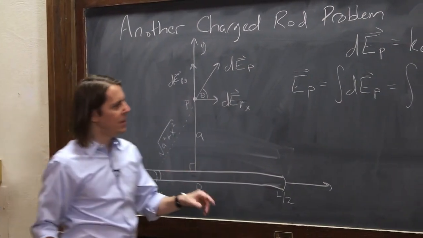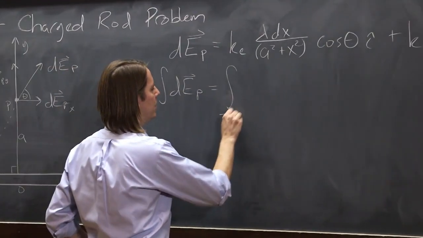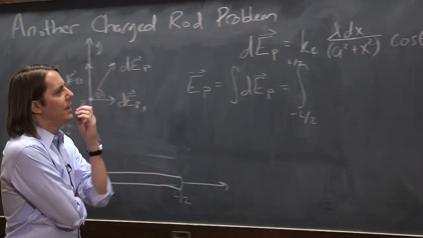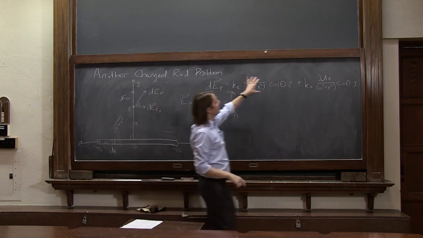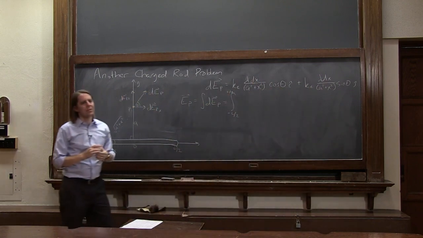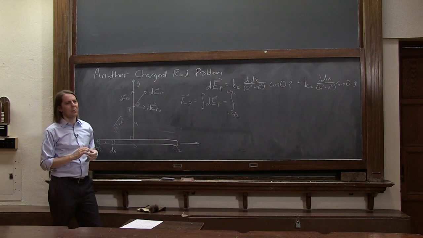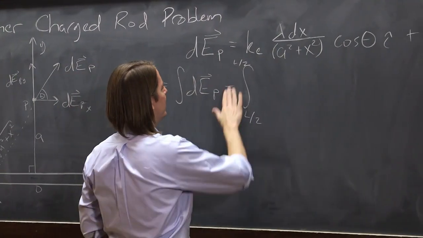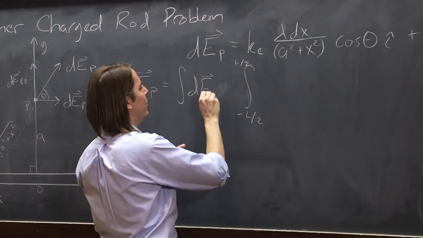Minus L over 2 to L over 2. Okay. And now we want to write this again. But we want to think about everything in the integral that depends on x. We have to rewrite in terms of x. Okay. So let's see. Ke and lambda don't depend on x. So I'm actually going to make myself a little room and just put those in the front.